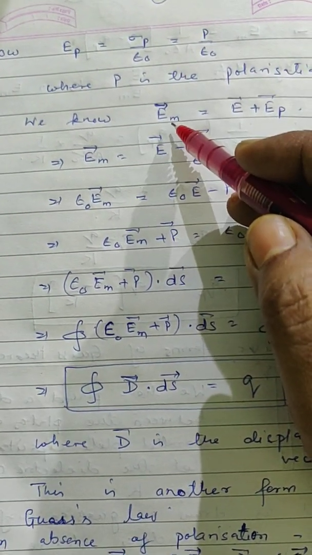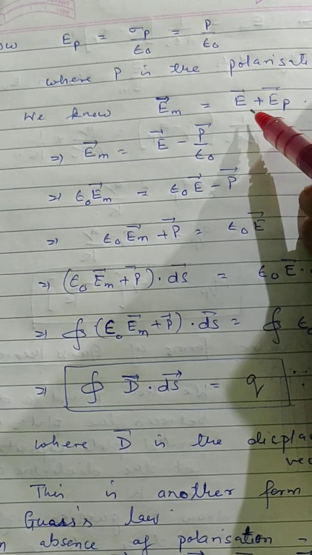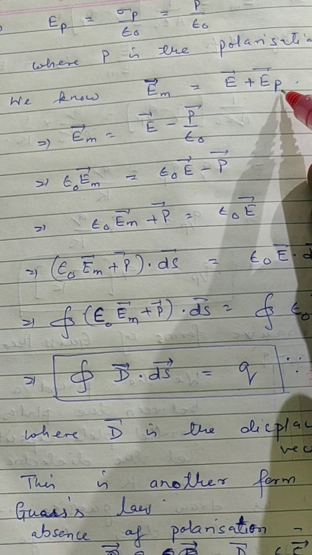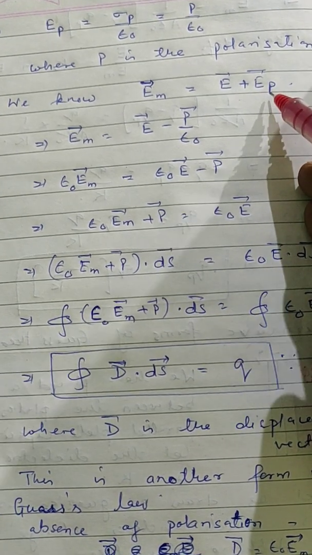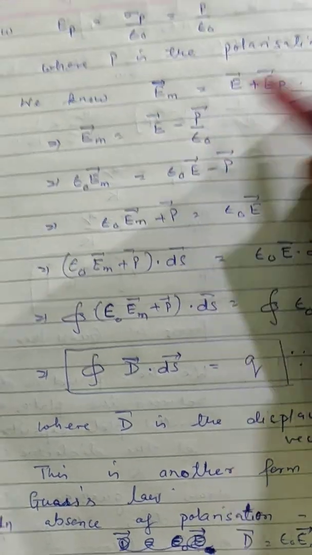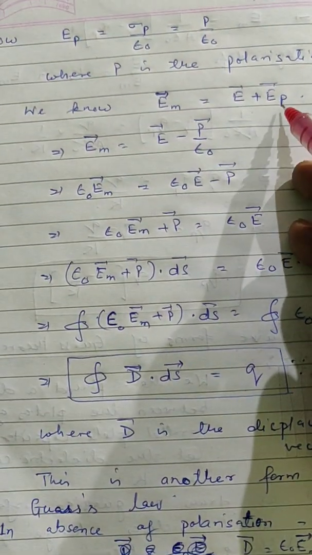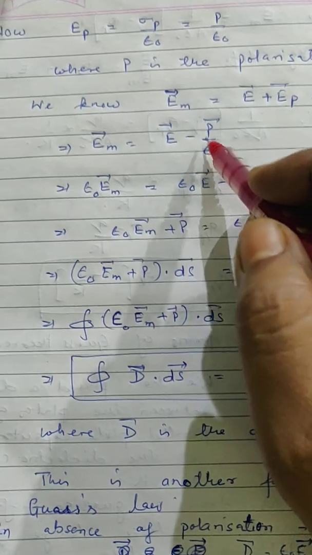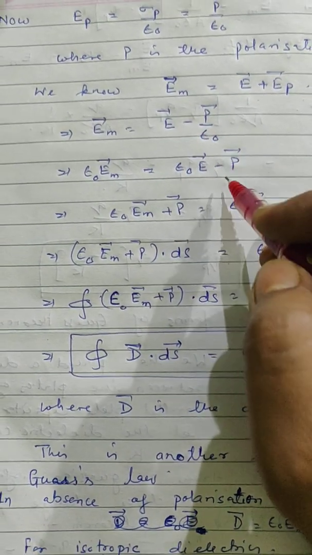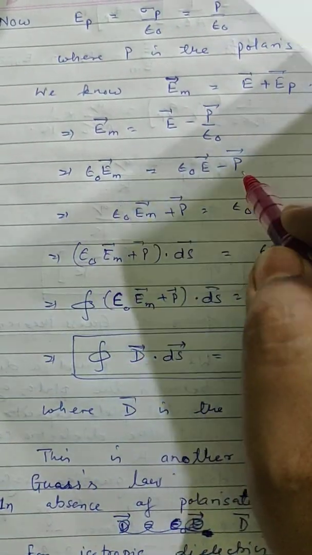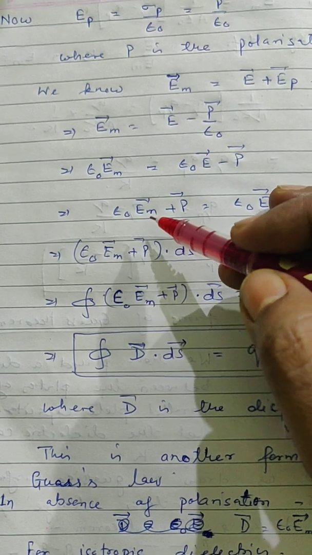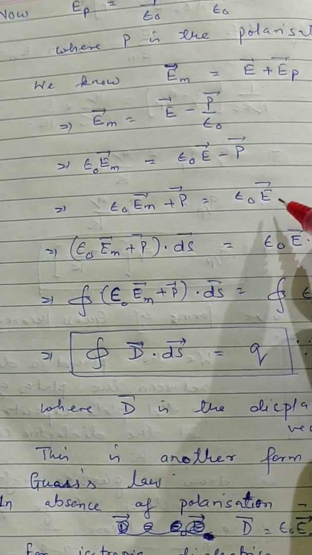And also the field within the medium is the vector sum of the external field and the electric field due to polarization. So electric field due to polarization opposes this field. We have already seen these things. So I have substituted for EP as P by epsilon naught, and since it opposes, I have put a negative sign over here. And look, we have taken the LCM and we arrive at an expression epsilon naught EM plus P is equal to epsilon naught into E.